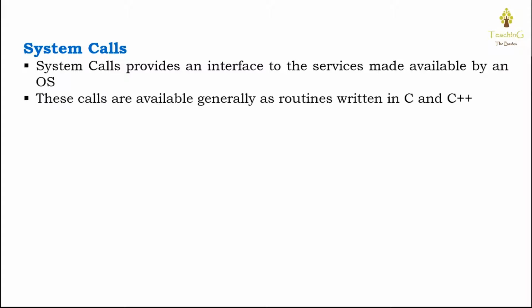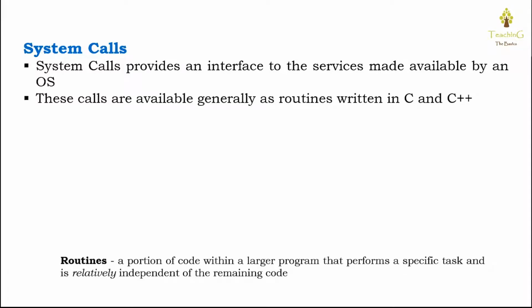The next thing is that these calls are available generally as routines written in C and C++. All those routines that are available during the system calls are basically written in C and C++ language. The definition of a routine is a portion of code within a larger program that performs a specific task and is relatively independent of the remaining code.